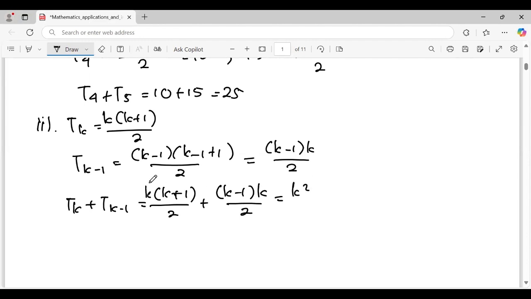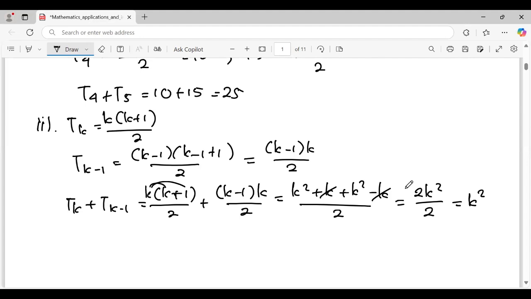That is k squared plus k, plus k squared minus k, divided by 2, which is 2k squared divided by 2. It is k squared.